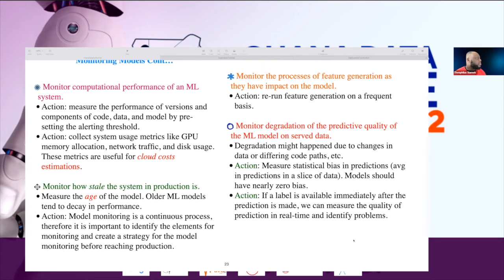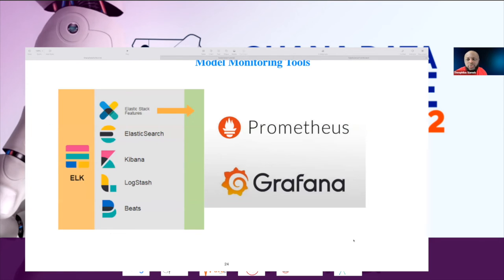And also monitoring tools. What tools do I need to use to monitor my models? As I said before, you have Elasticsearch, Logstash, and Kibana, which is popularly called ELK. And then you have Prometheus and Grafana. These are tools to log your model performance so that you can visualize it.